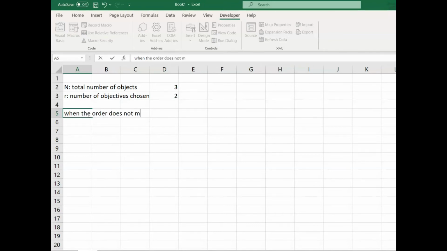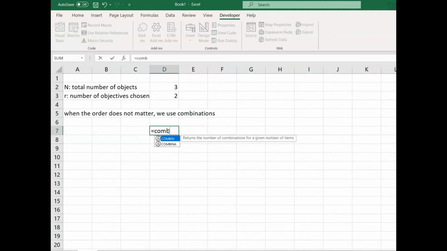So this is 2 out of 3. When order does not matter, we use combinations. Equal COMBIN, left parenthesis. You see the first input is number. We enter 3. The second one is number chosen.